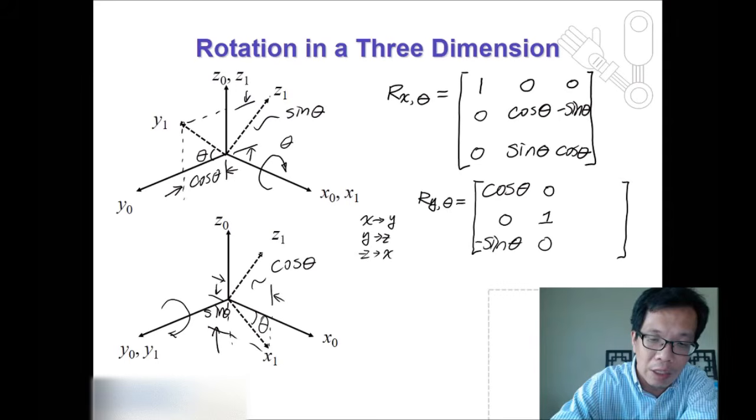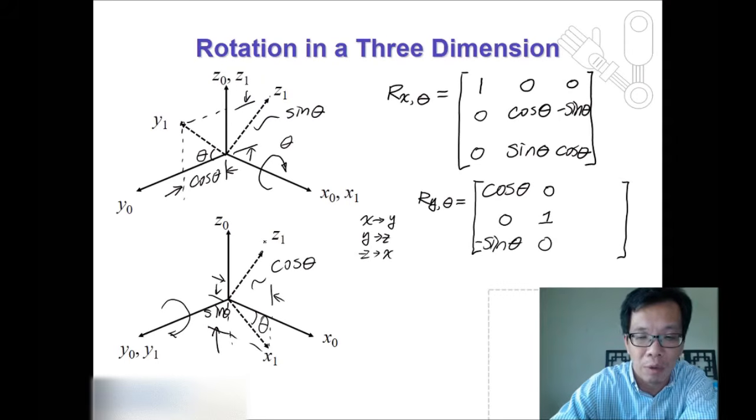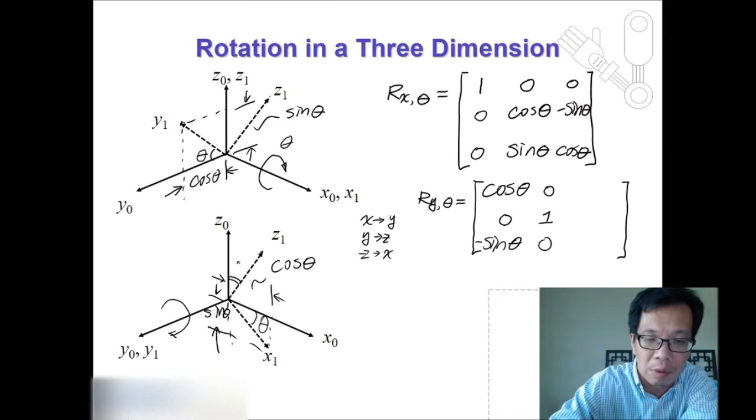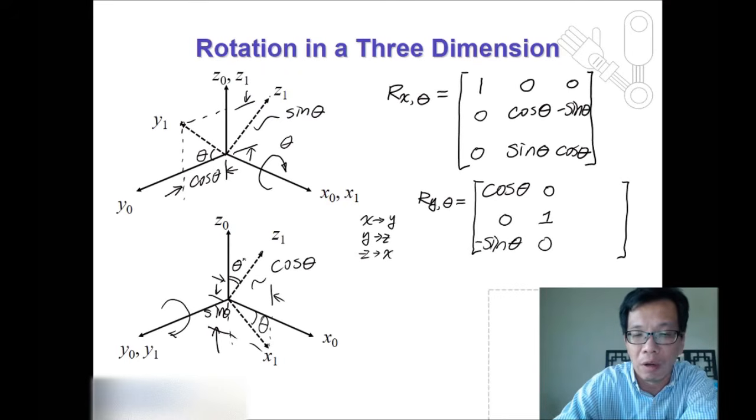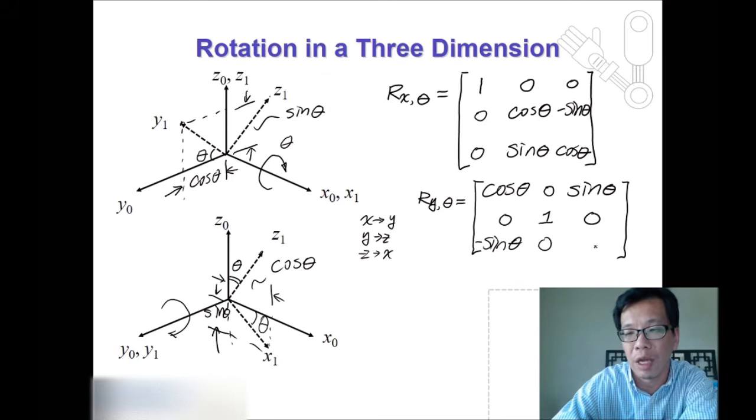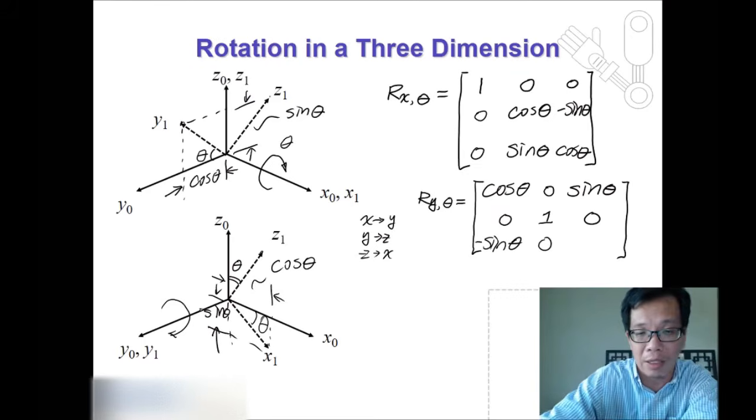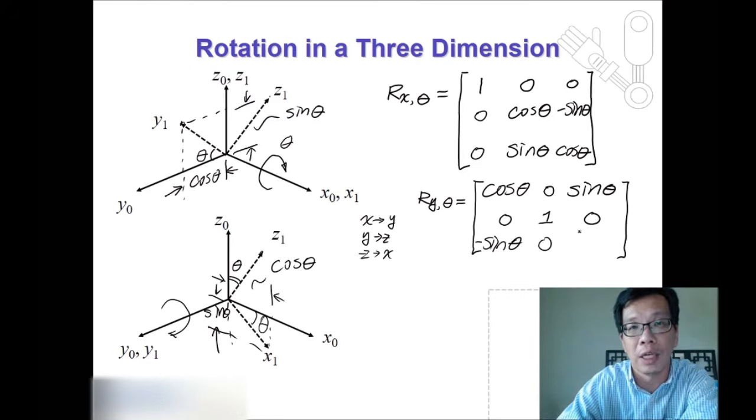For the z1 axis, we do the same projection, which means theta is going to be over here. So along x direction, we're going to have sine theta. We do not have any projection along y-axis. For the z-axis, it is going to be cosine theta.